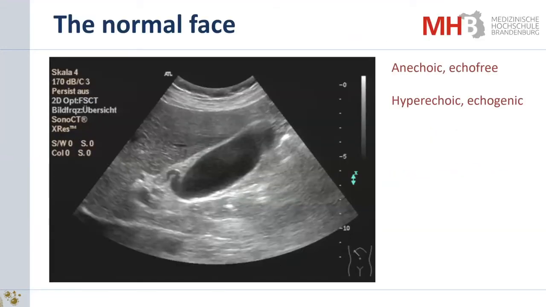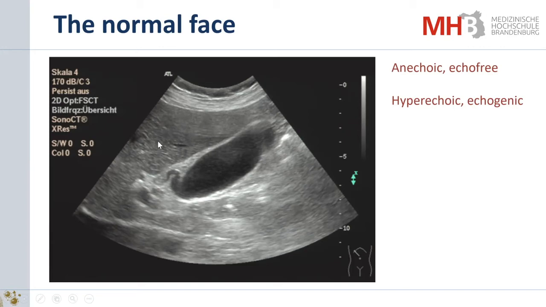You have already seen in the demonstration of Professor Nürnberg the normal phase of the gallbladder. And here we can repeat that the inner lumen of the gallbladder is anechoic, another term, synonymous, is echo-free. The wall of the gallbladder, on the other hand, is echoic, hyperechoic, as you can see also in comparison to the liver.